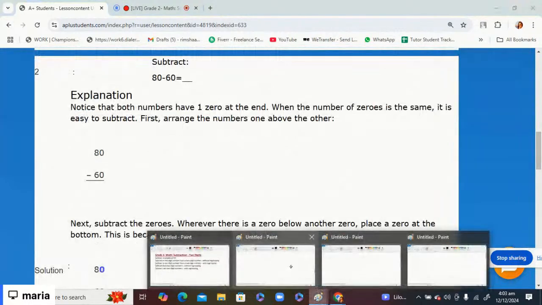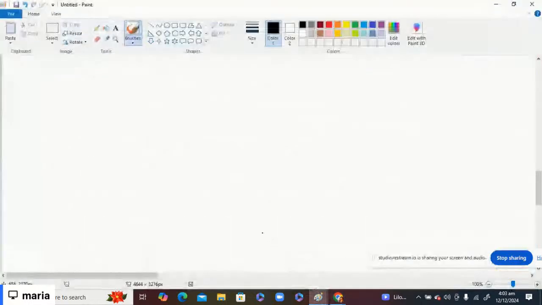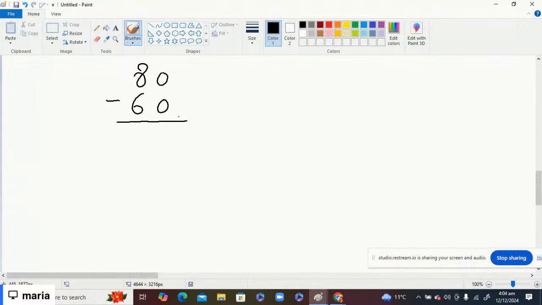Now 80 minus 60. You all also take out your notebooks and pencils and solve these questions over there, okay? 0 minus 0 is 0. What is the answer of 8 minus 6?